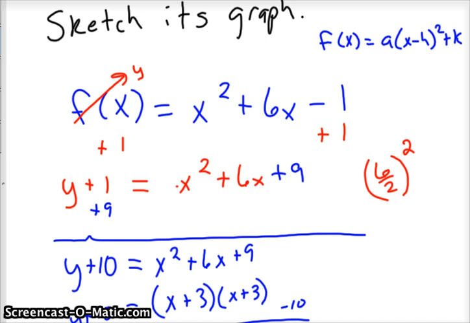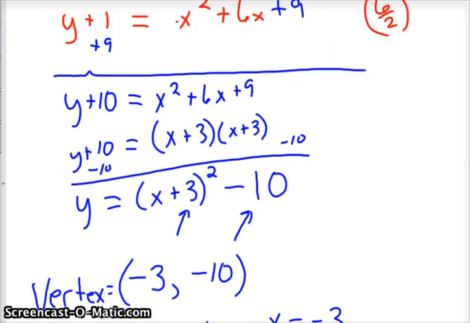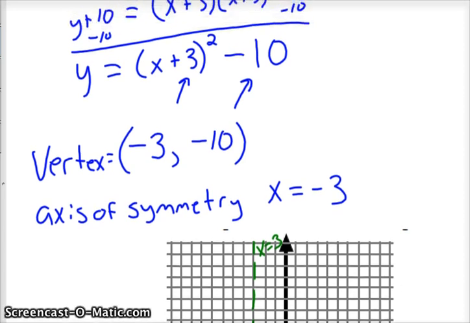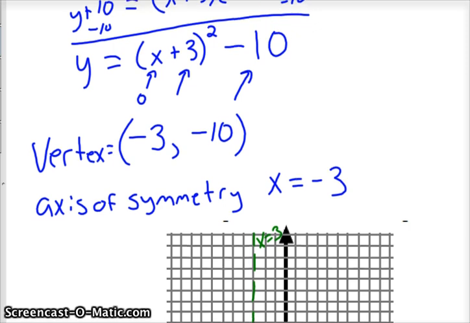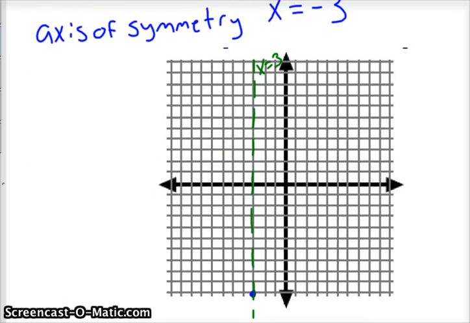The negative 1 at the beginning, if it's in the quadratic form, is your y-intercept. You could also find that by putting a 0 in place of the x and solving it. If you plug a 0 in there, you get negative 1. So we'll graph that. Y-intercept's negative 1. That goes right there. Because of the axis of symmetry, you can mirror that, so 3 to the right and 3 to the left gives you that.